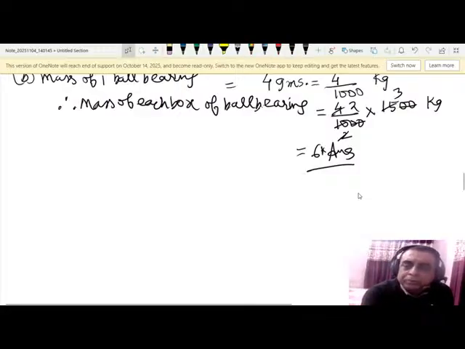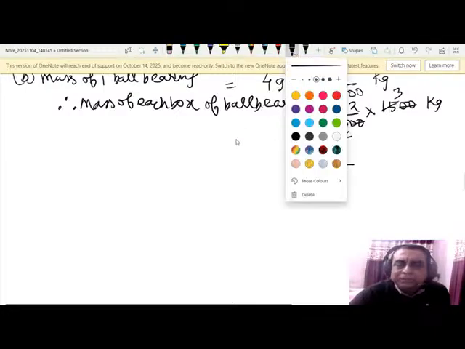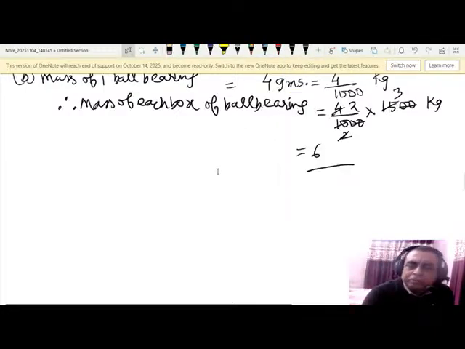One second, I am writing it properly. In kilogram the answer is asked. So the mass of each box of ball bearings is 6 kg. So it is the answer.